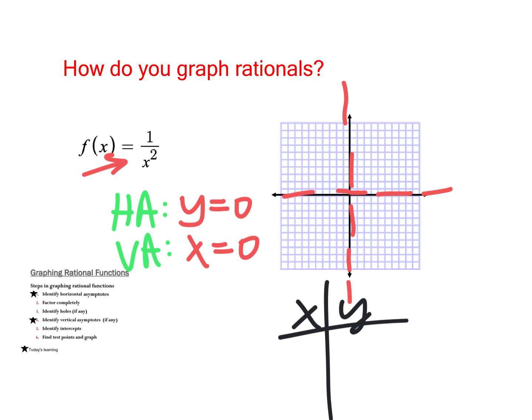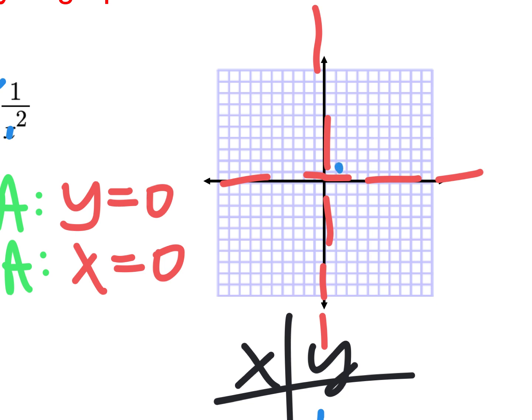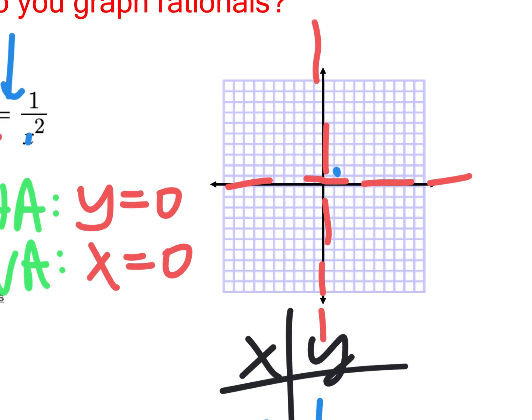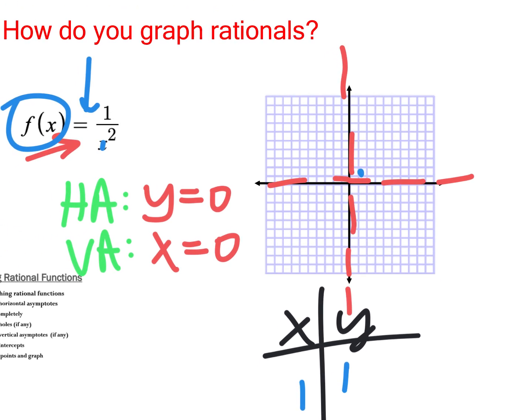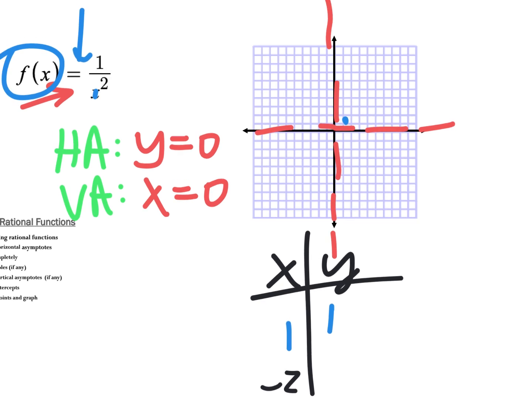But now we have to find a couple points. Nate, give me a point. You put in a 1, and you get y equals 1 over 1, which is 1. I agree, 1 is on there. And Claudia, give me another point. -2, 1/2. -2.